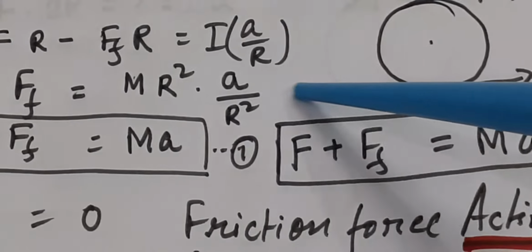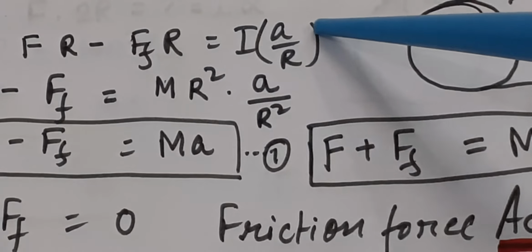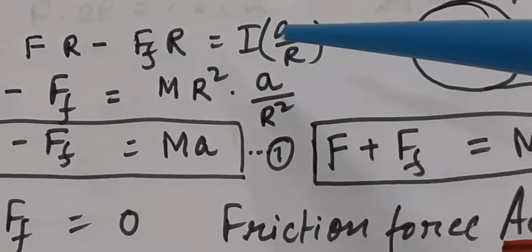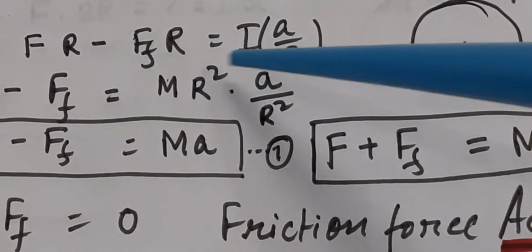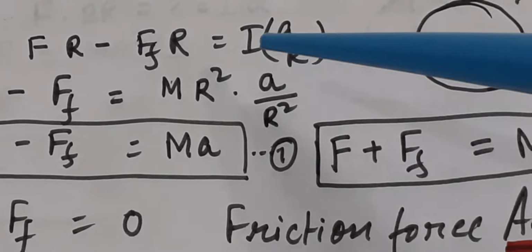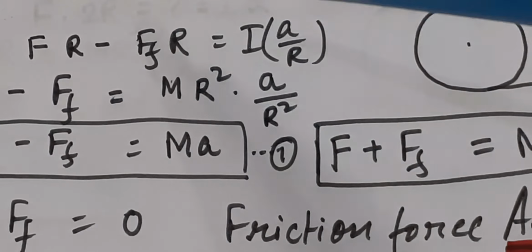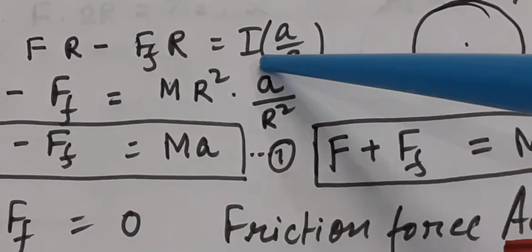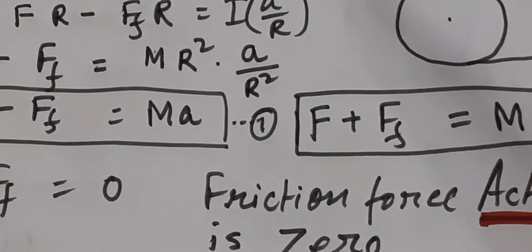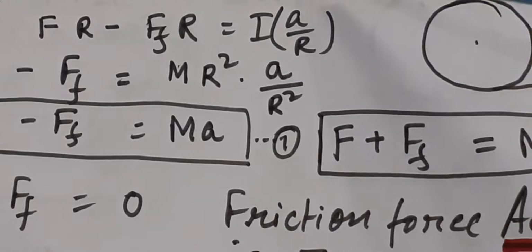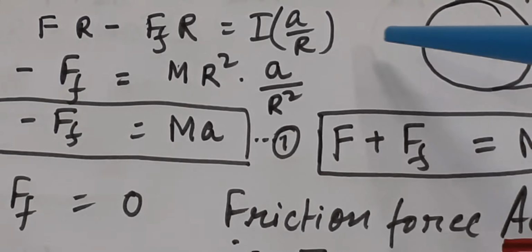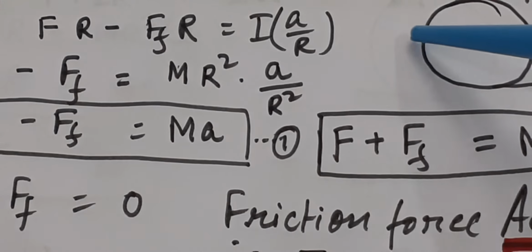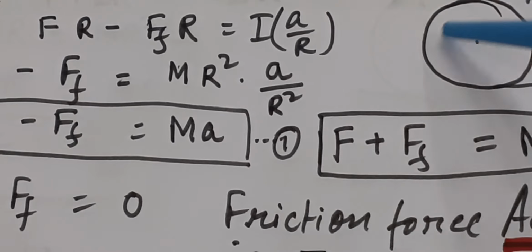Clockwise torque is more than this lower torque, I mean F suffix F into R, due to friction force torque, and the resultant will be I into alpha. Alpha means angular acceleration. Here as there is no slipping at the lowest position, linear acceleration A equal to R into alpha.